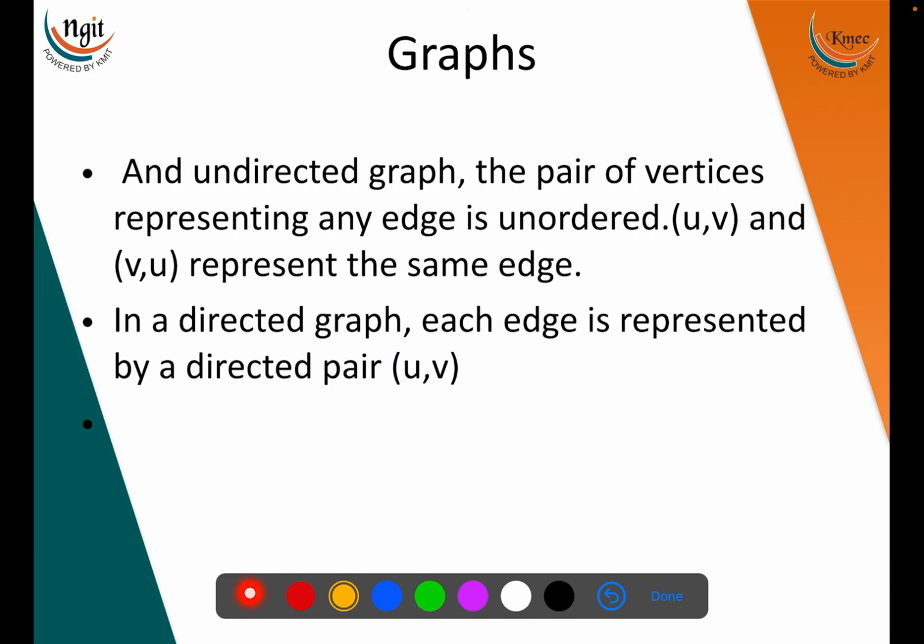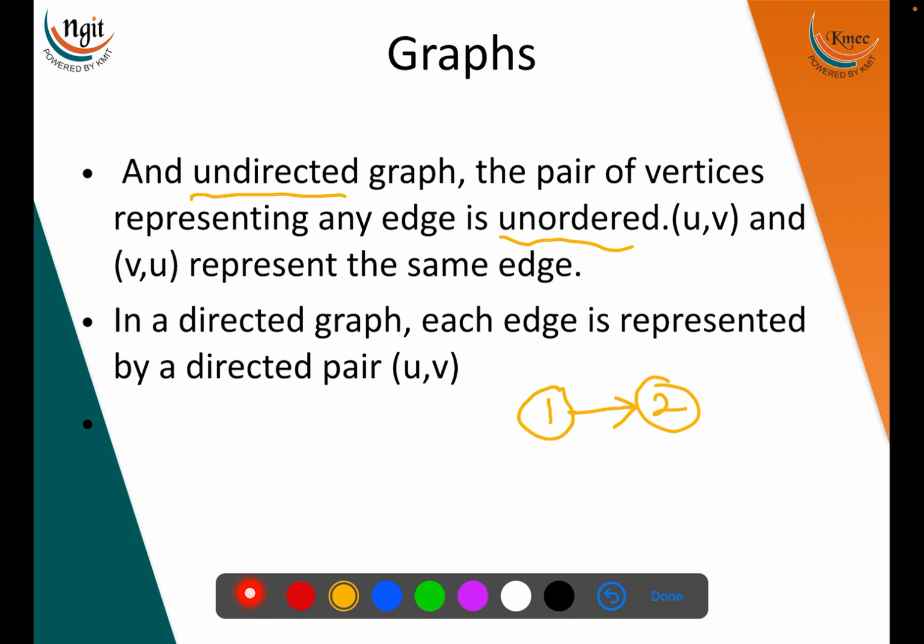In an undirected graph, the pair of vertices representing any edge is unordered. That is, (U, V) and (V, U) represent the same edge because it is an undirected graph. That means if I draw a graph, I don't have any direction. I'll show you the difference. This is a directed graph: 1, 2, direction is from 1 to 2.